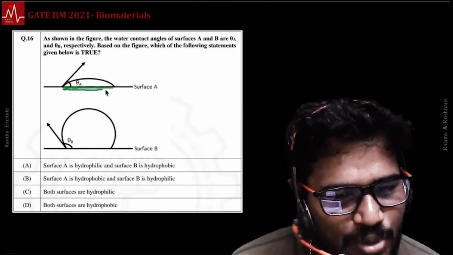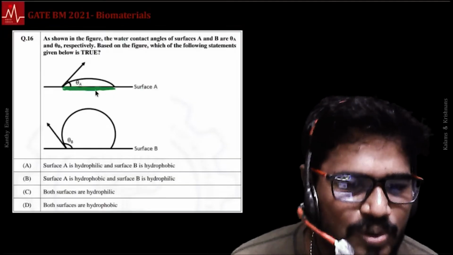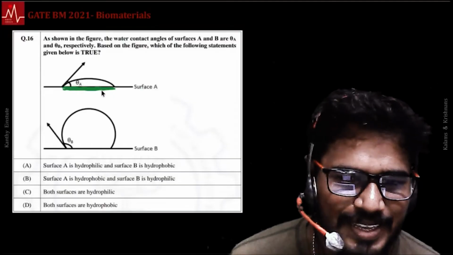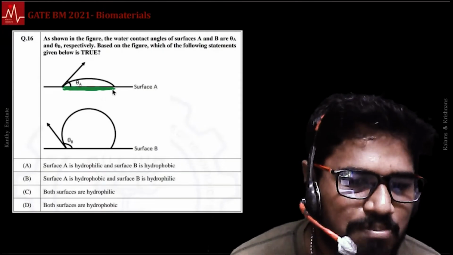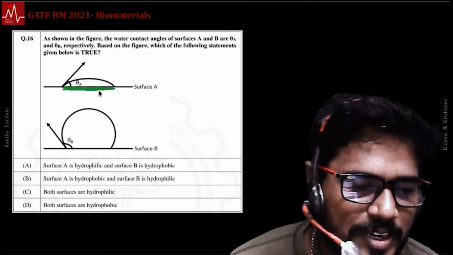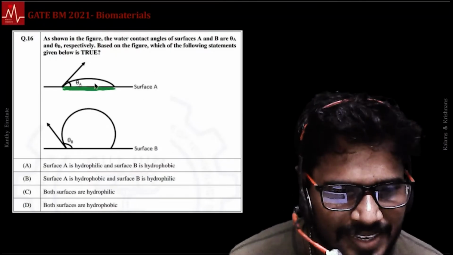Even properties like color can change based on length scale. Gold looks like gold in our length scale. If you go to smaller and smaller scales, gold can start looking black, for example. The properties can be drastically different just by changing the scale. And this is a good example.